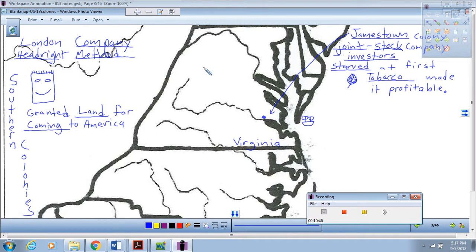So as a result of the Headright method, tobacco growing would become very prevalent in Virginia.